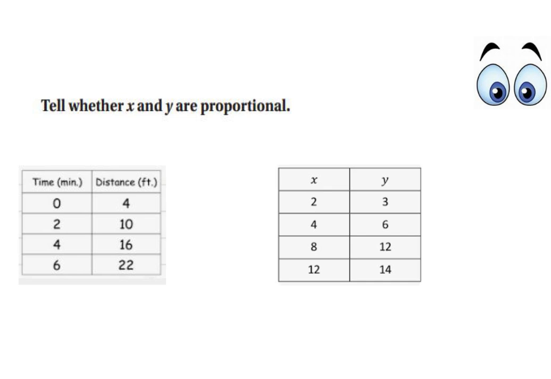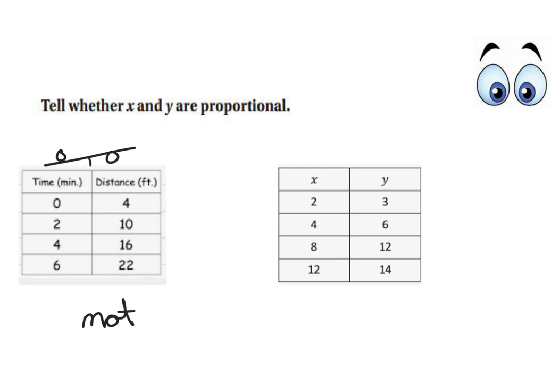Tell whether x and y are proportional. Okay, for this first one, time versus distance, this should be a no-brainer based off what we've been talking about. We see the 0, 4. That tells you immediately you cannot have the 0, 0. And if you don't have the 0, 0, it is not proportional.